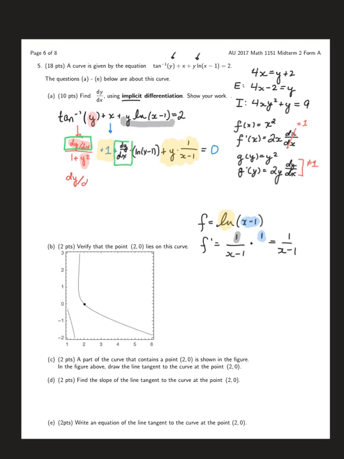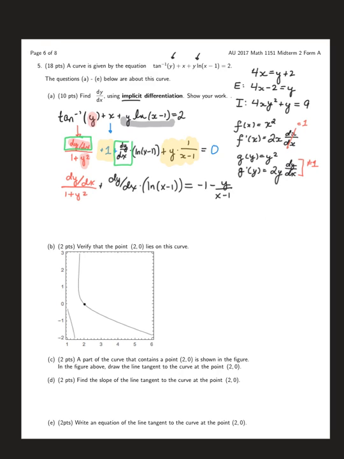So I'm left with dy dx over 1 plus y squared, plus dy dx times the natural log of x minus 1, and that's equal to, I'm going to put everything else in black over here, minus 1 minus y over x minus 1.